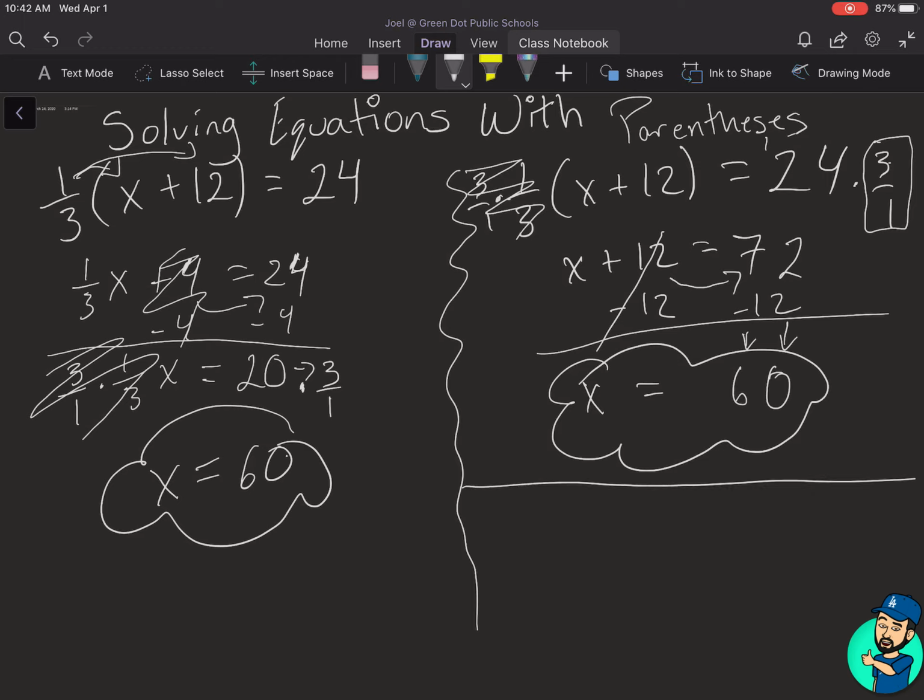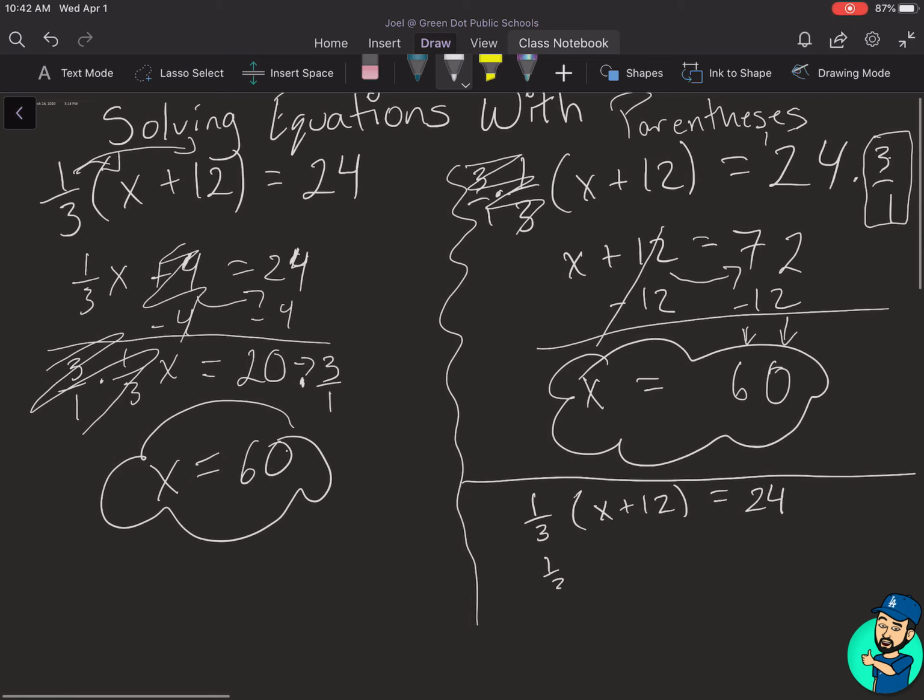Let's check our work. I'm going to write down the original problem here. Now I'm going to substitute that x for the 60. Now, in order of operations, PEMDAS, parentheses come first.